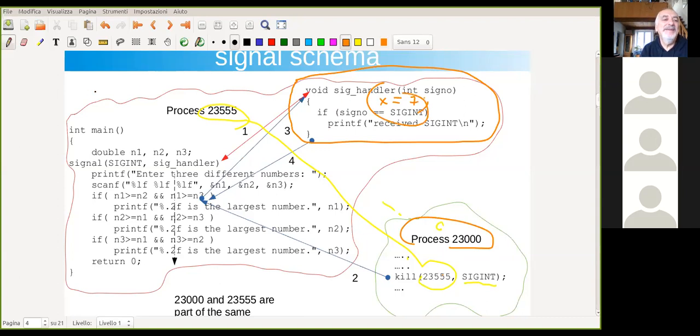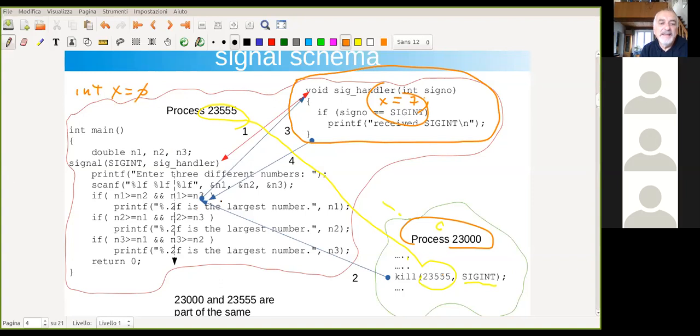And suppose that here there is int x equals 0. The variable is shared at file level by the handler and by the process.